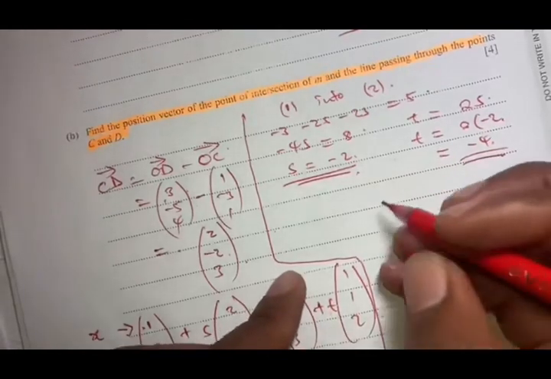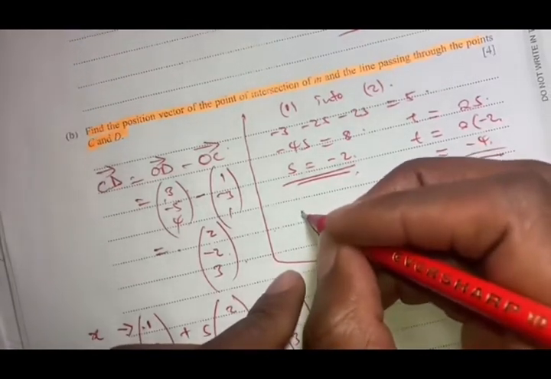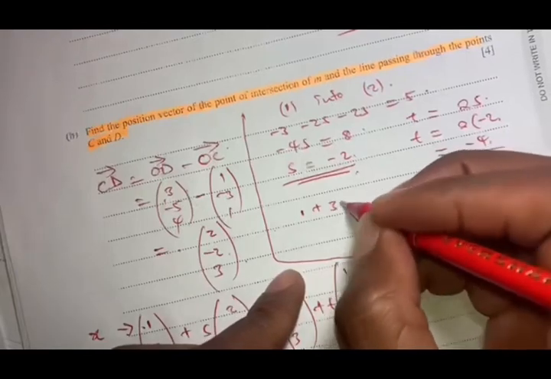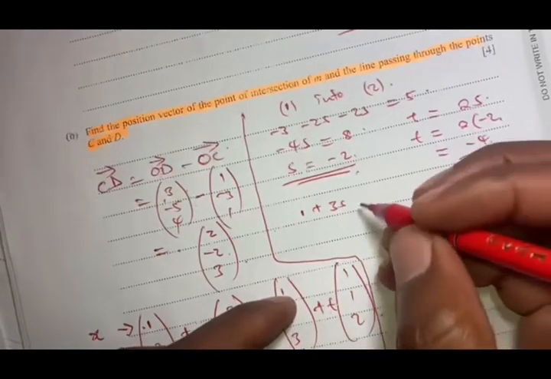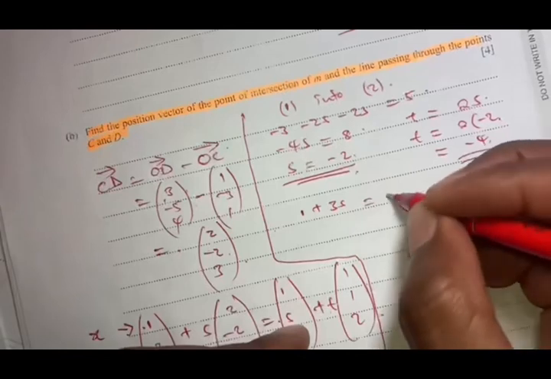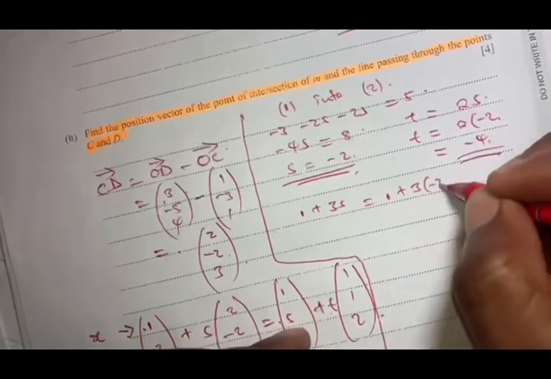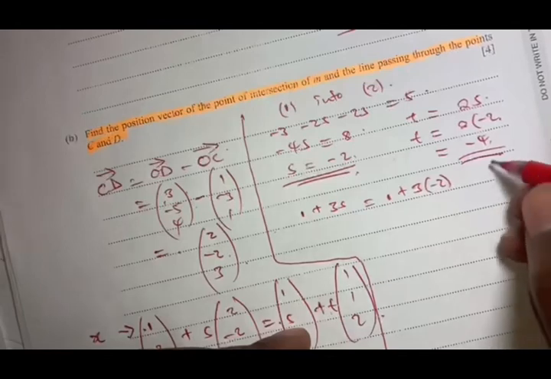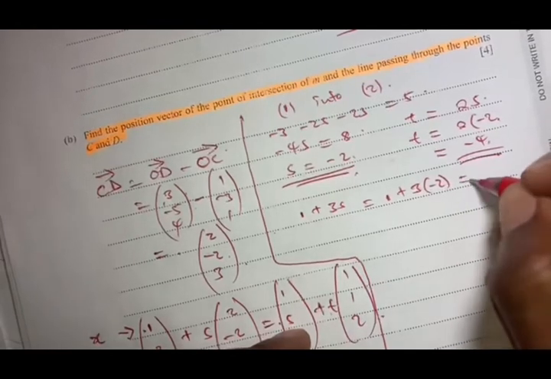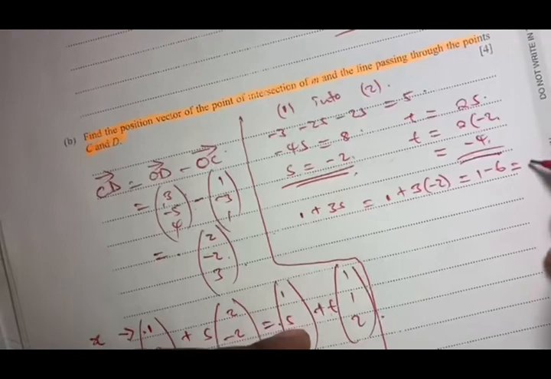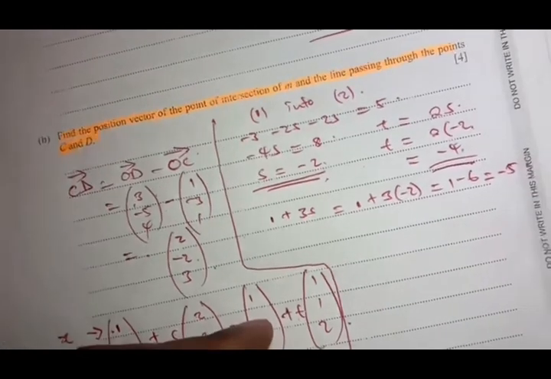So for 1 plus 3s, it is as good as 1 plus 3 minus 2, which is equivalent to 1 minus 6, and that's equivalent to negative 5.